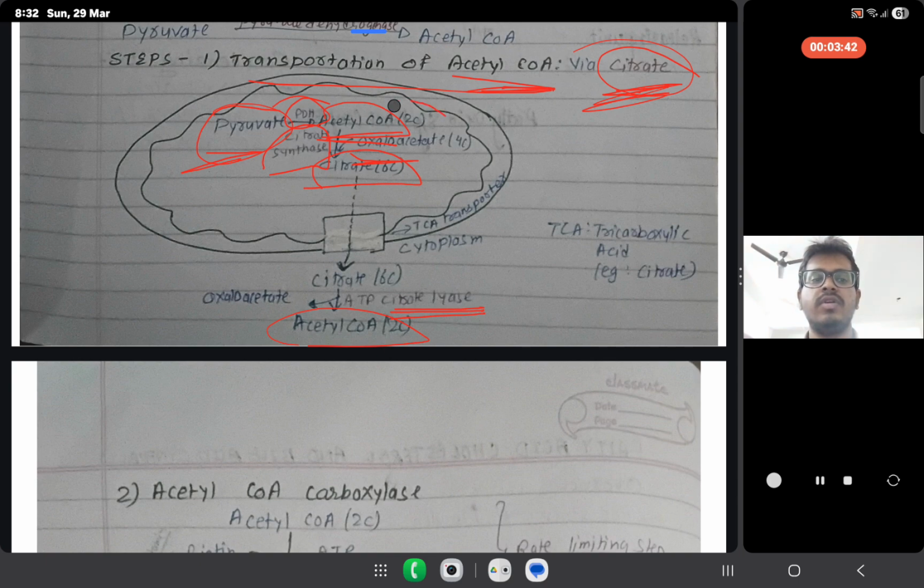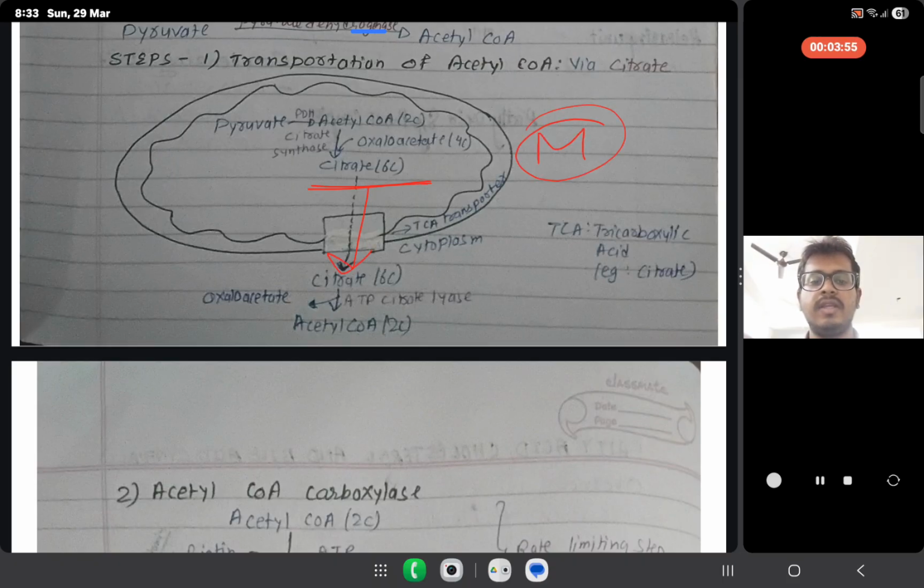Acetyl coenzyme A is 2 carbon, oxaloacetate is 4 carbon, and it is converted to citrate, that is 6 carbon. Citrate moves out from the mitochondria by the tricarboxylic acid transporter. Then citrate, a 6 carbon compound, in presence of citrate lyase is converted to acetyl coenzyme A, a 2 carbon compound, and oxaloacetate is removed.